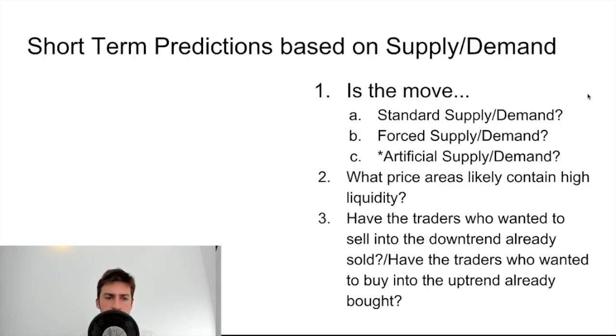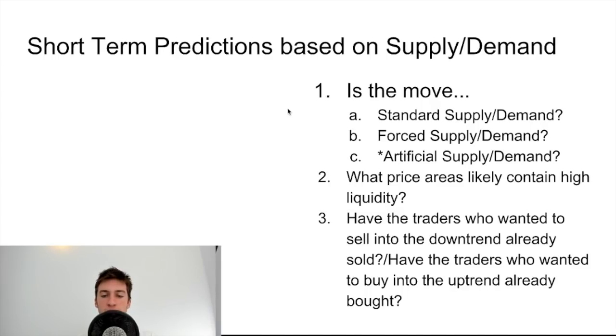Okay, so quick checklist when you're trying to make short-term predictions on supply-demand moves. You first want to ask yourself, is the move standard supply and demand, forced supply and demand, or artificial supply and demand? You can look at this from just looking at lows and highs, looking at volume, looking at momentum, and looking at candlestick patterns as well.